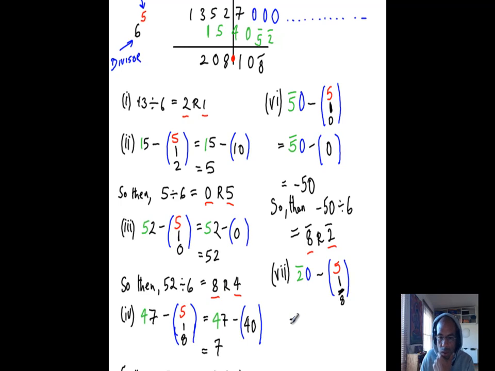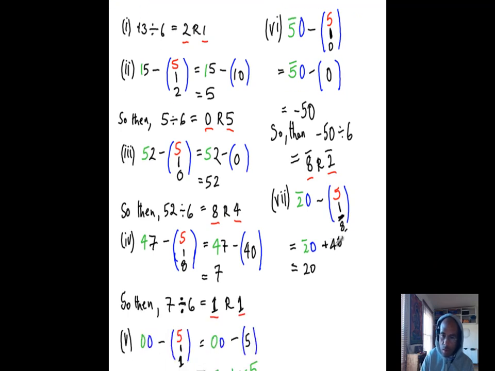Let's do it then. Minus 20, take away, now this 5 times minus 8 is actually minus 40, so that sign's going to change to 40. So this is minus 20, add 40, which is 20.